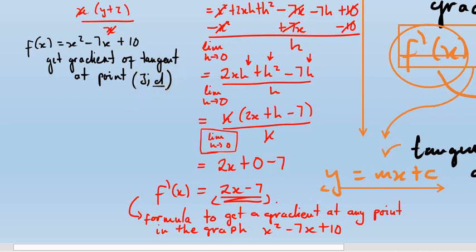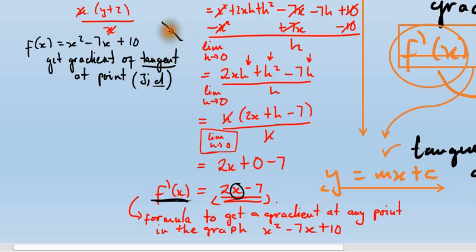Now that's pretty much how an examiner can give the question. Do you need the y value? You don't, because you've just made up a formula wherein you can get the gradient in terms of the x value, not the y value. So you don't need the y value of that point. Now notice we said gradient of tangent passing at that point. The tangent touches the point.